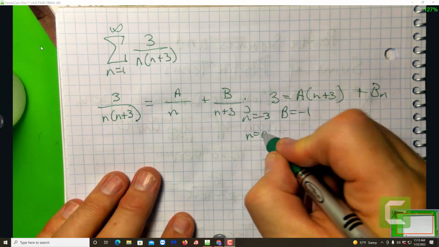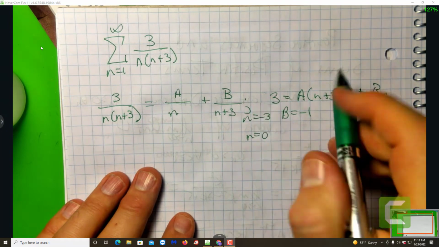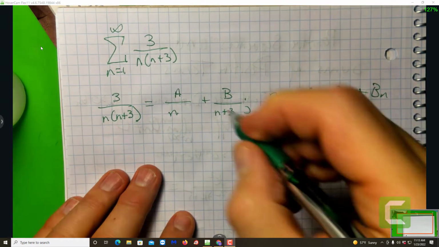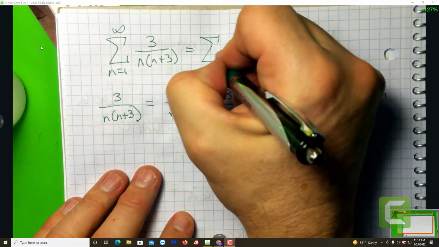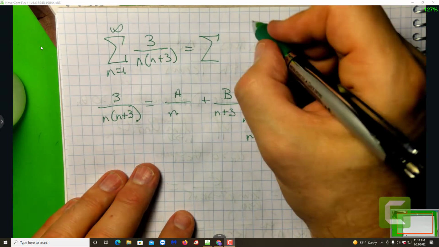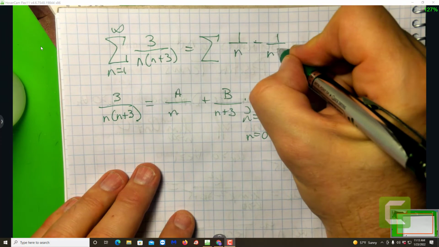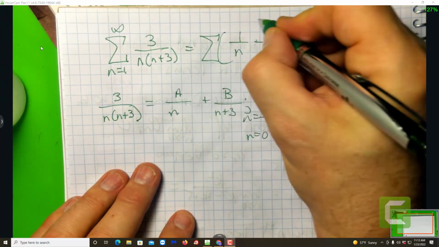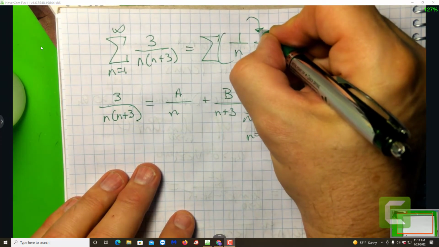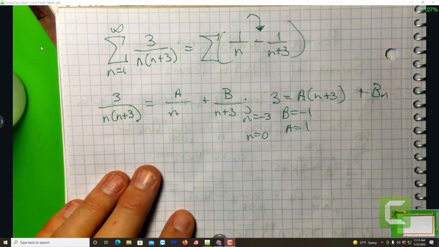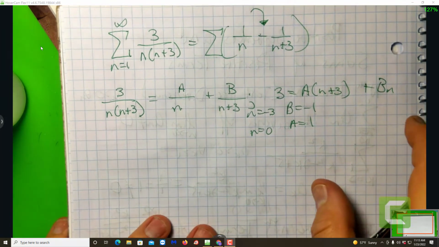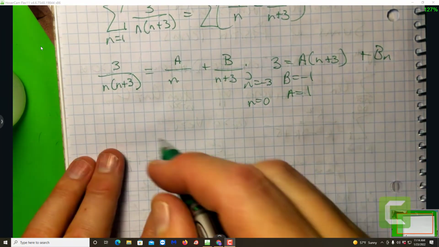If n is 0, I get 3a is 3, a is 1. So I can rewrite this as 1 over n minus 1 over n plus 3. And as soon as I see that subtraction, I know that there's hope that I can get this to telescope.